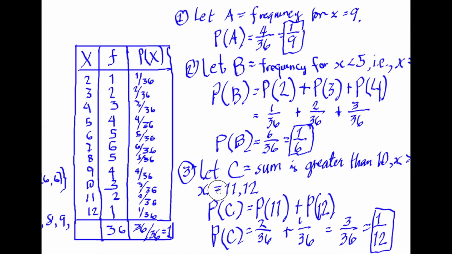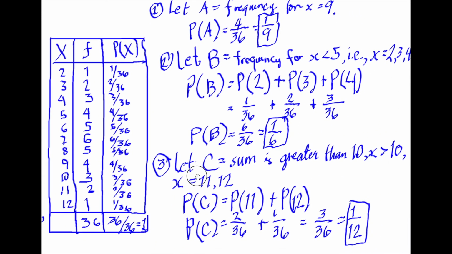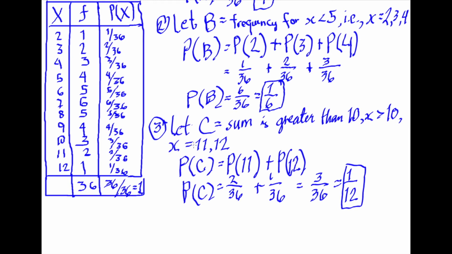So for number 4, getting the sum which is between 6 and 11, let D be equal to the sum between 6 and 11.